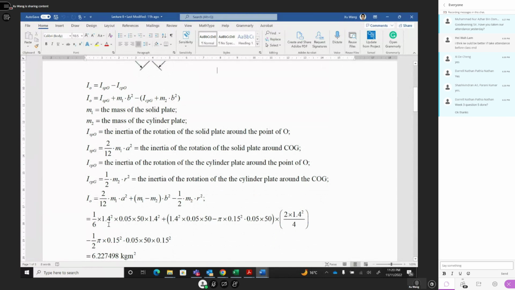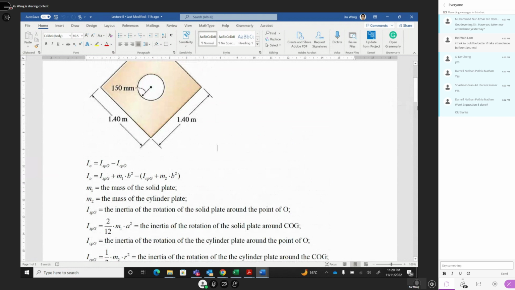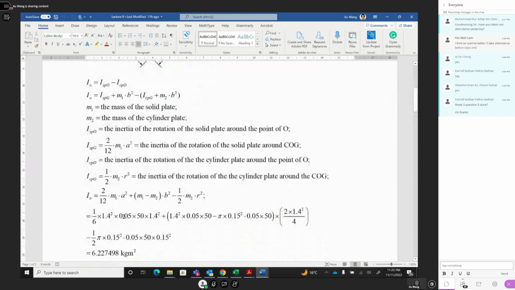M1 equals 1.4 times 1.4, the area, multiplied by the thickness 0.05 and the mass density. M1 is the solid square plane mass.